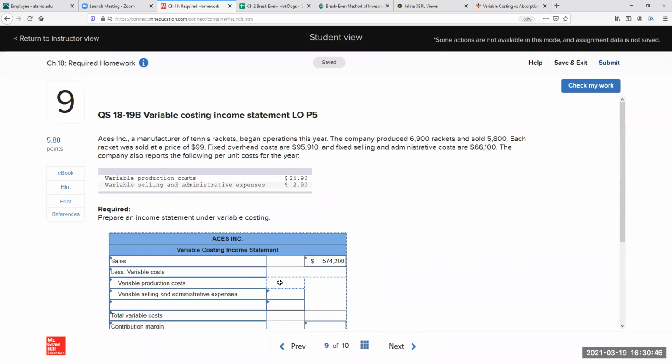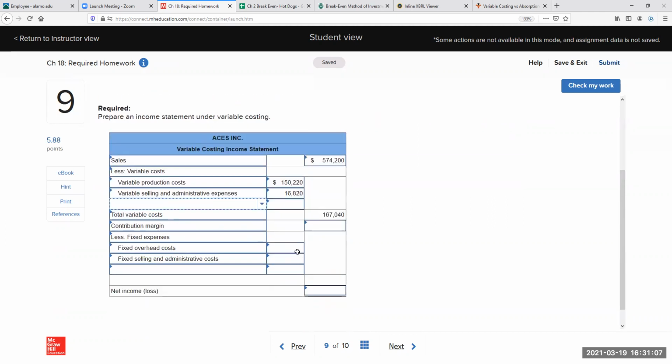It sold 5,800, so 5,800 times my production cost of 25.90 is 150,000. Selling and admin is 2.90 for each one, so 16,820. At least it added those up. So my contribution margin is the 574,200 minus my variable cost, and I got a contribution margin of 407,160.